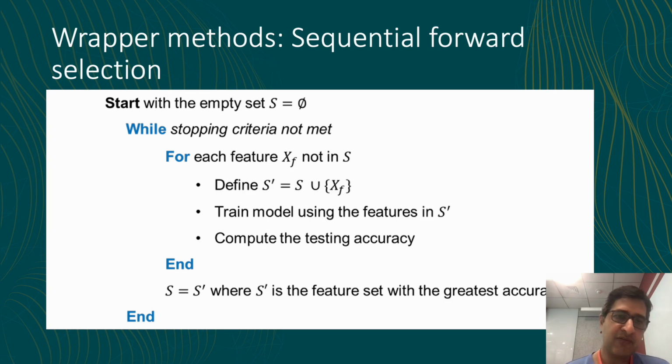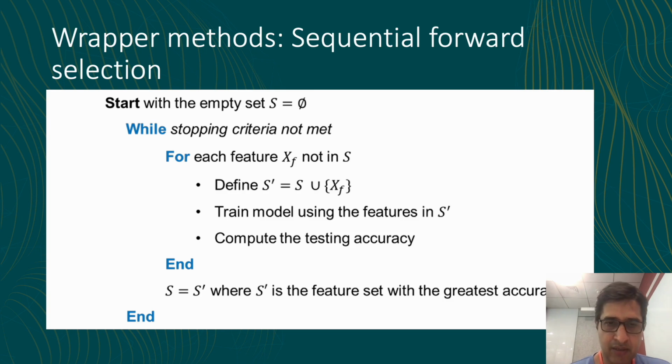As far as the sequential forward selection method is concerned, what you do is pick up one feature at a time. The one feature that at any given stage helps you improve the model performance by the maximum.